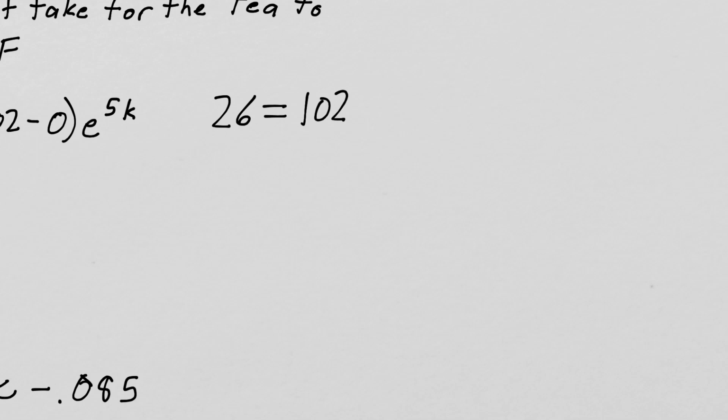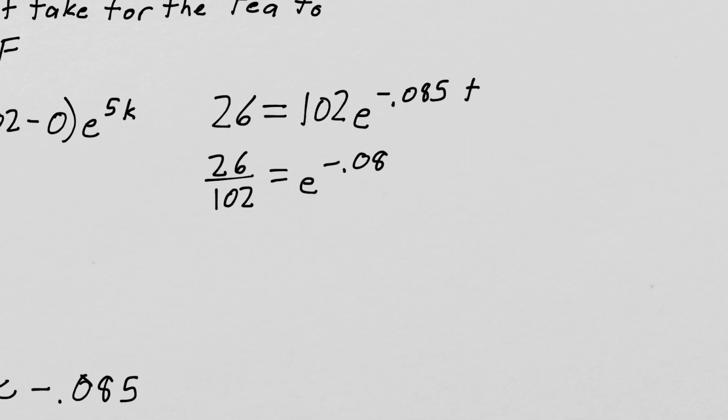Temperature of the surroundings is still 0. 102 minus 0 is 102. e, then we know our k is minus 0.085. And t is what we're trying to find out here. So we'll divide both sides by the 102. And get 26 divided by 102 is equal to e to the minus 0.085t.